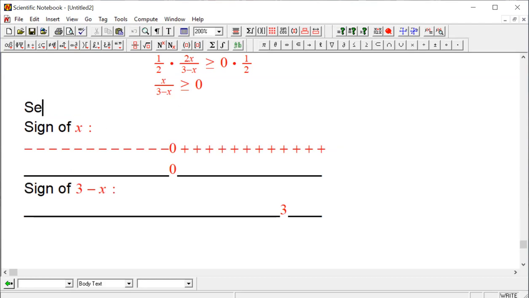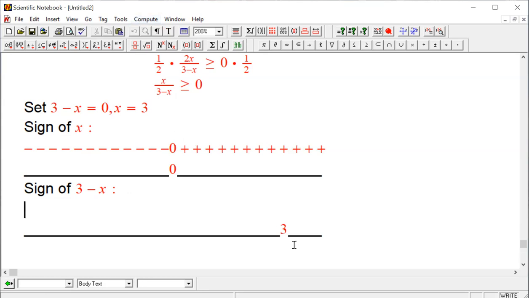You can set 3 minus x equals 0, and then x equals 3. So you know where 3 minus x changes sign. You don't have to do anything for x because the sign change is pretty obvious. But this time, be careful. When we pick a number less than 3, say 0, 0 is less than 3, and 3 minus 0 is positive.